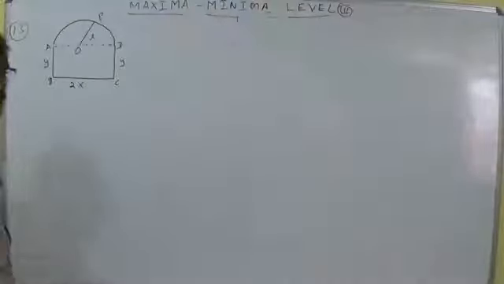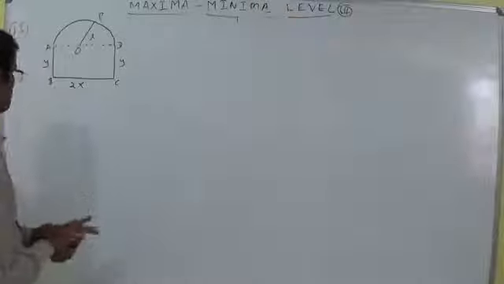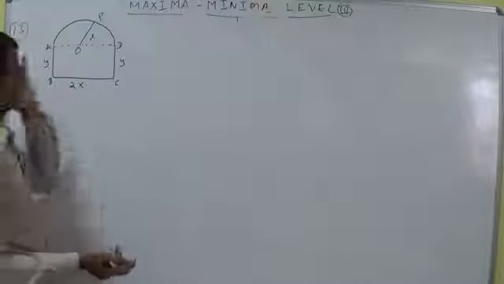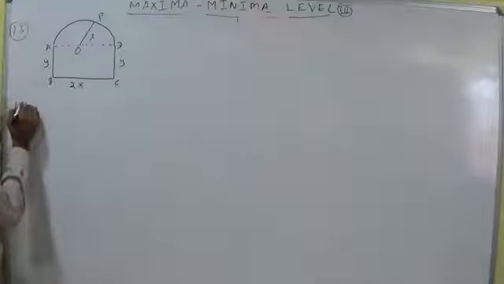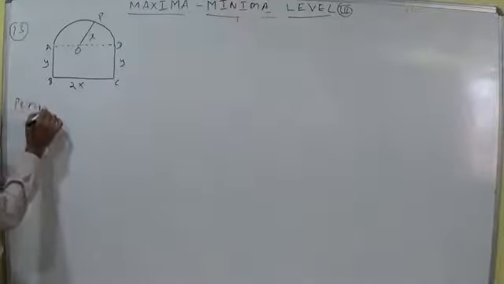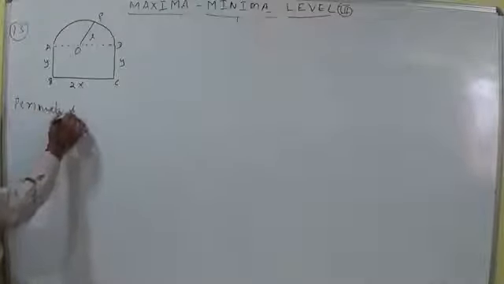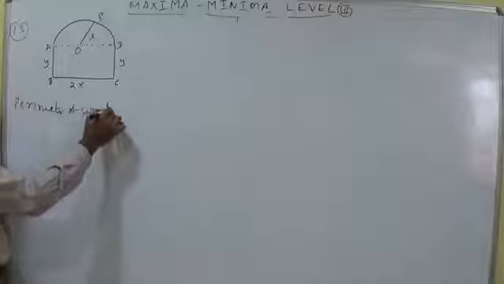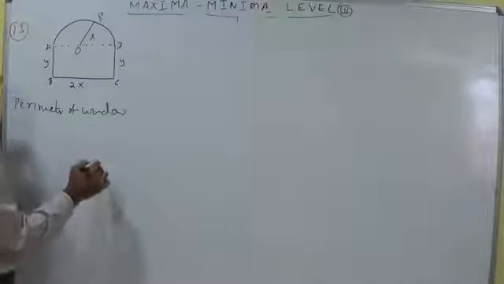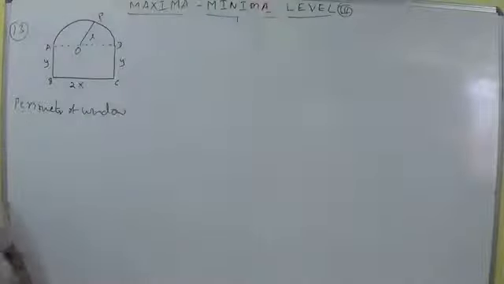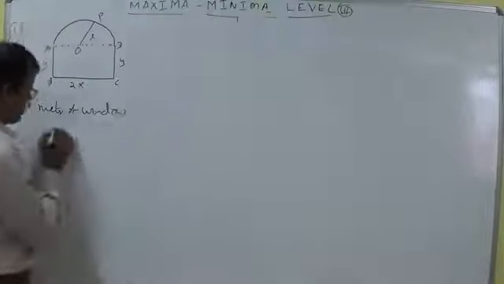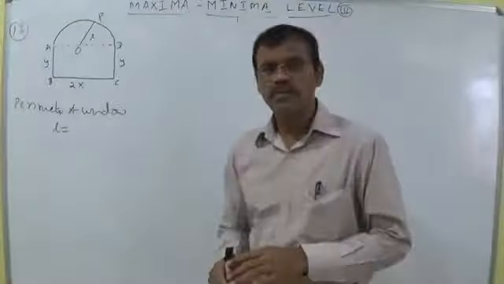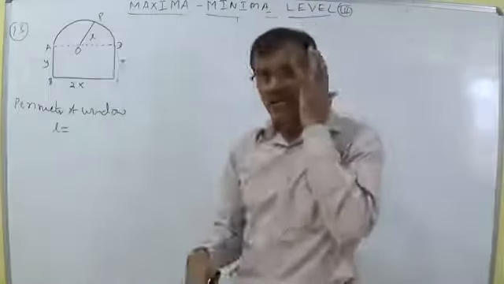If the perimeter of the window, total perimeter he gave. I am not writing the description here, students, because this is not IPE. So length 2x, breadth y like this. Perimeter of the window, let the letter be L. The window is in the shape of a rectangle and a semicircle.